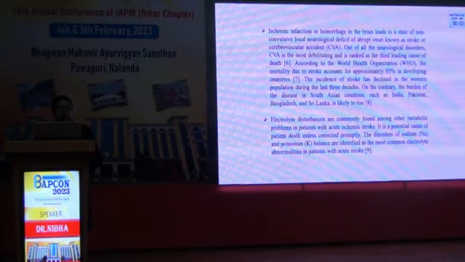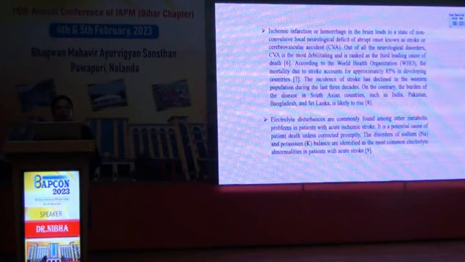Ischemic infarction or hemorrhage in the brain leads to a state of non-convulsive focal neurological deficit of abrupt onset known as stroke or cerebrovascular accident. Out of all neurological disorders, CVA is the most debilitating and is ranked as the third leading cause of death.